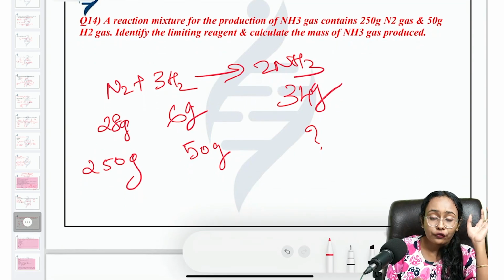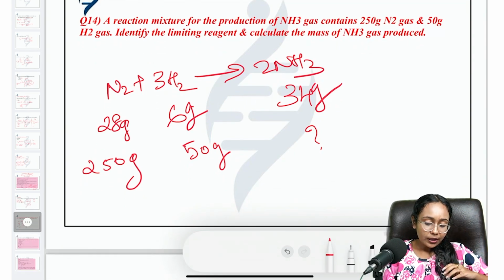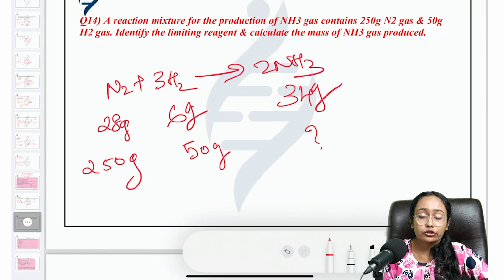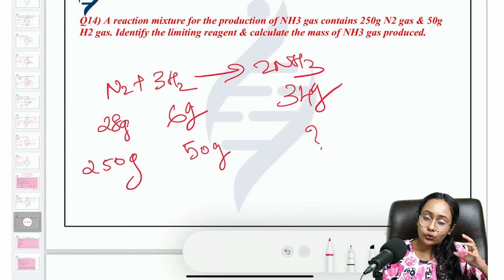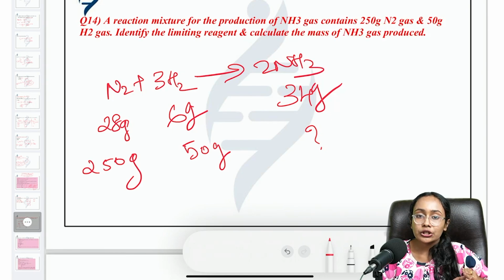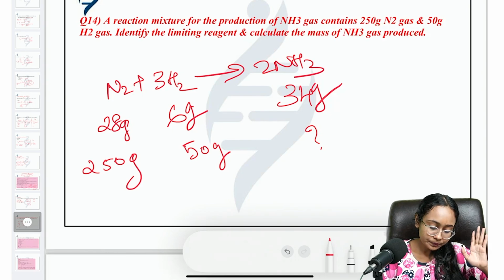So, how to find the limiting reagent? As per the balanced equation, 28 grams of nitrogen requires 6 grams of hydrogen, right? As per the question, 250 grams of nitrogen reacts with 50 grams of hydrogen. So we need to find which is the limiting reagent, either nitrogen or hydrogen.